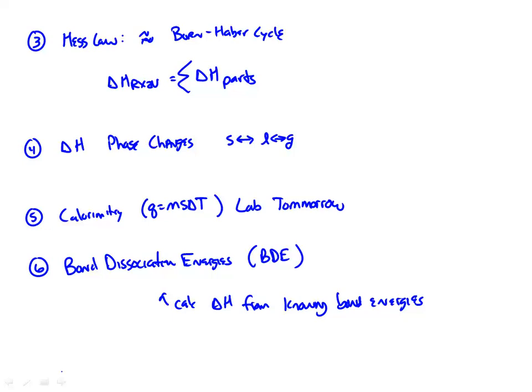So let's do this for the rest of the week. Today is Wednesday. Homework 8A was due. Tomorrow is Thursday. We're going to do lab 3 or 4. It's the one on calorimetry. And then Friday we'll say that homework 8B is due.